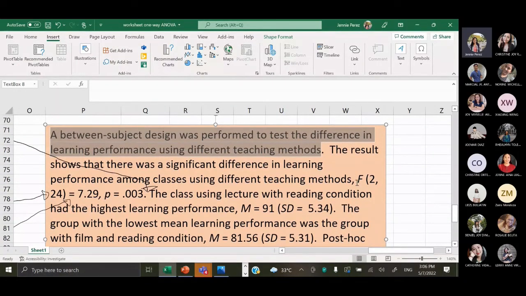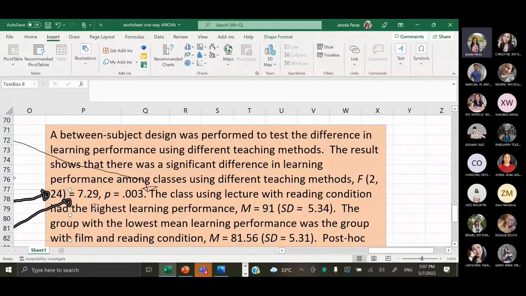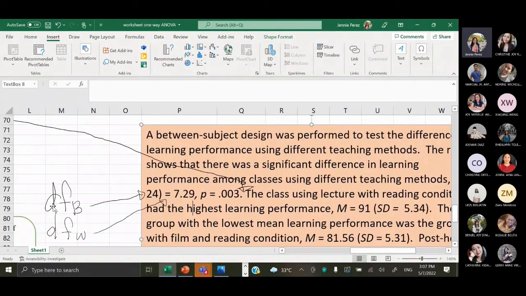Okay, the F, this is the F. The F tells us what statistical test was performed with the degree of freedom of 2 and 24. So this is the degree of freedom for between groups and 24 is the degree of freedom for within groups. Kaya makita ninyo. Ayan siya. Has a corresponding p-value of 0.003.